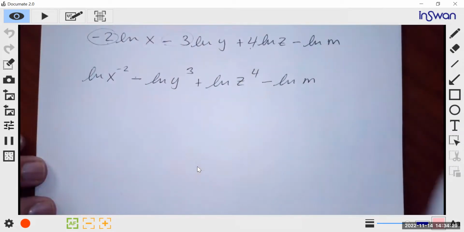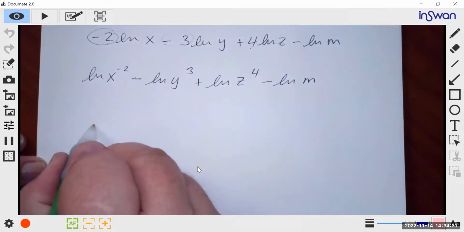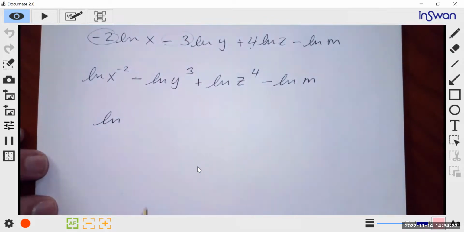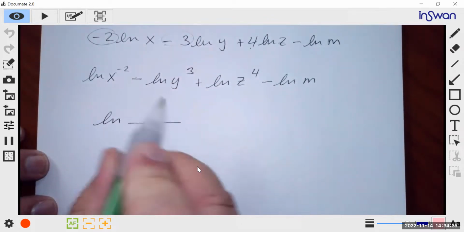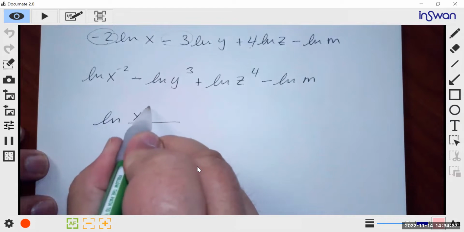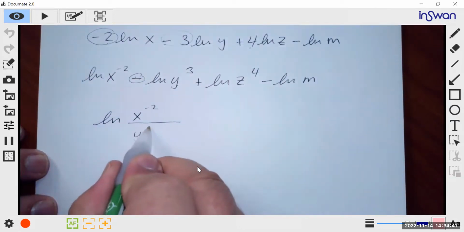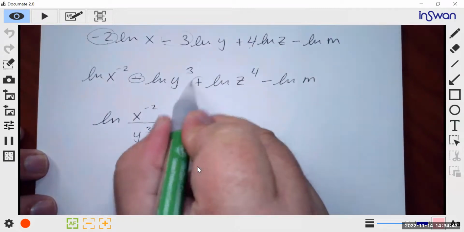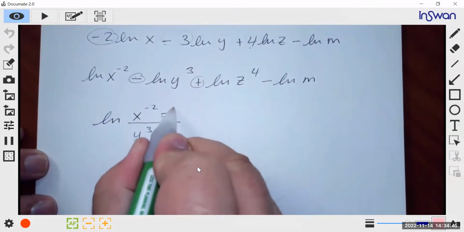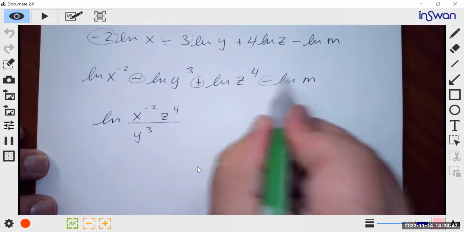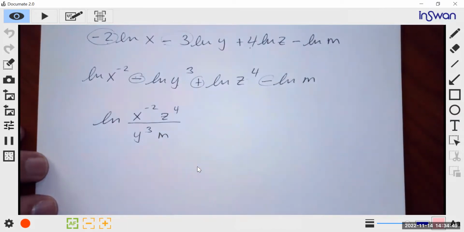So we got rid of all the coefficients. They're all ln's. So we have x to the power -2. This one's minus, so this one goes on the bottom. This one's plus, so this one goes on top. This one's minus, so that one goes on the bottom.